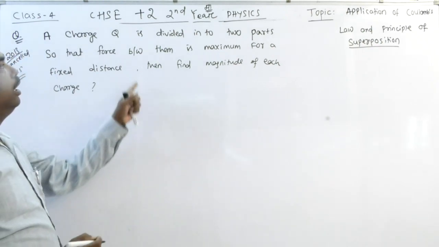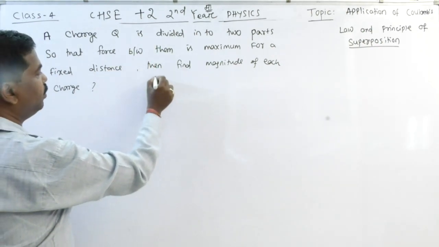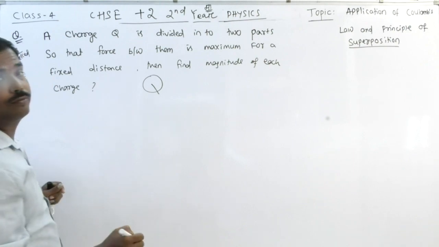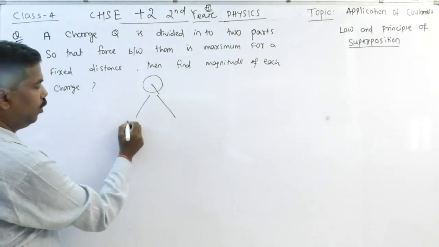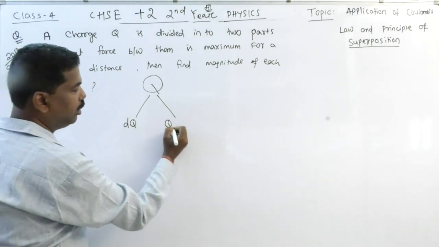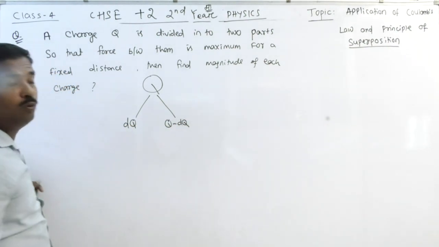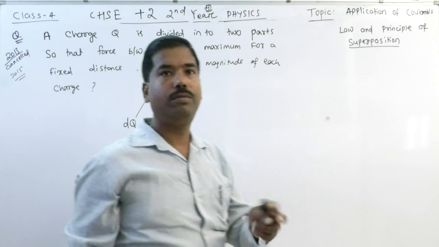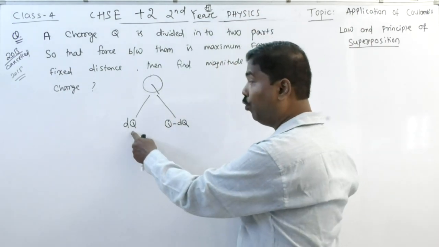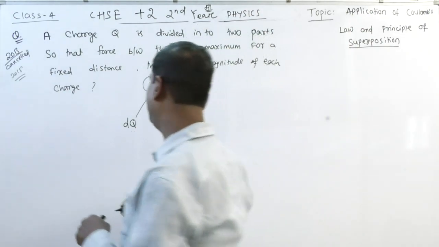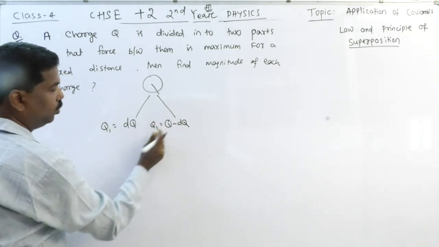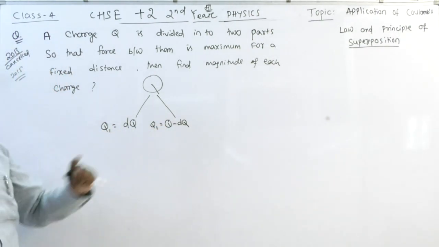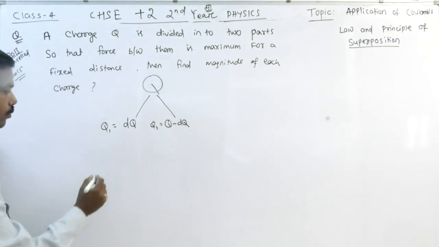So Q is divided into, let us imagine this is a charge Q and I have divided it into two parts. Let one part be dq, then the remaining part is Q minus dq. Now I have to find out what dq is and what Q minus dq is. Let this be q1 and this be q2.